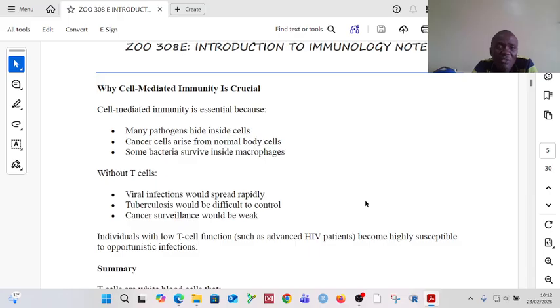Why? Because antibodies don't have the ability to reach inside our cells. So any intracellular infection would not be possible to clear had it not been for the work of T cells.